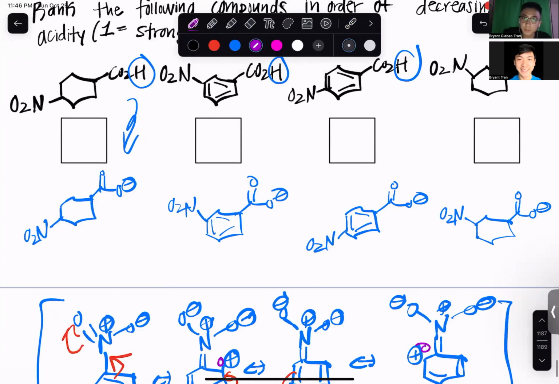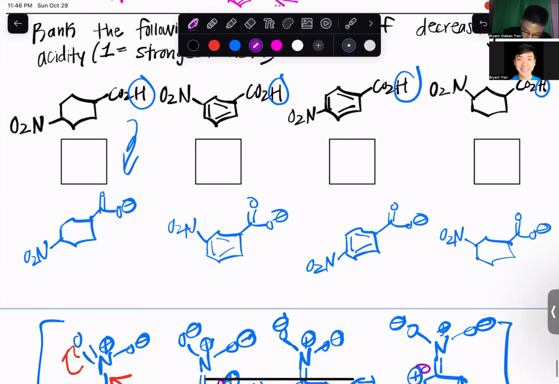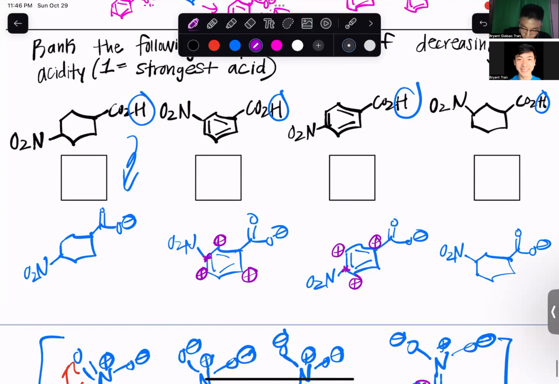So looking at the benzene rings here, we see we have a positive charge on the ortho position and the para position there. We know that this negative charge is directly supported by this positive charge underneath, making this the most stable conjugate base, therefore the weakest conjugate base, and that makes it the strongest acid.